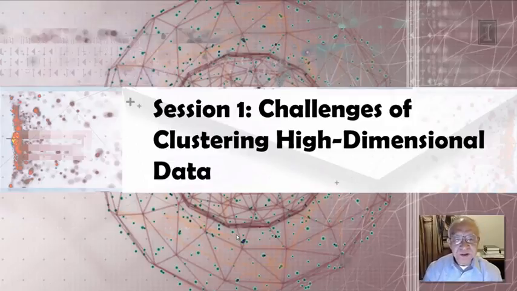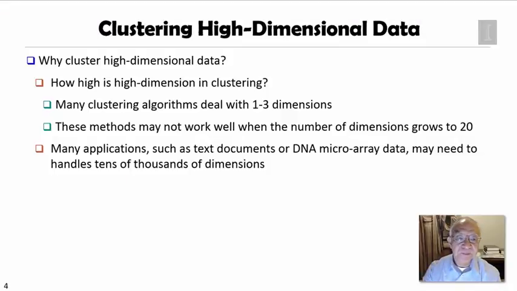So for the first session, we are going to discuss challenges of clustering high-dimensional data. So why do we have to cluster high-dimensional data? The first question is, how high is high dimension in clustering?